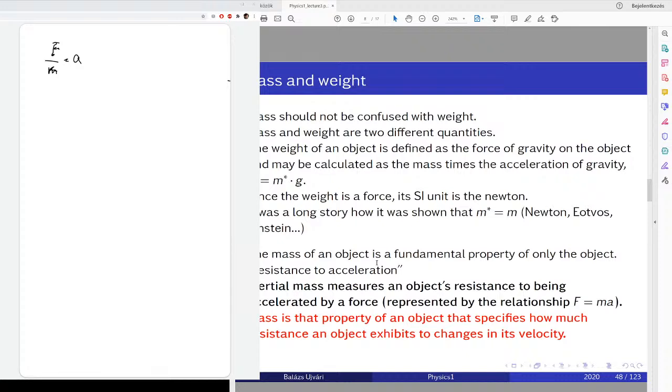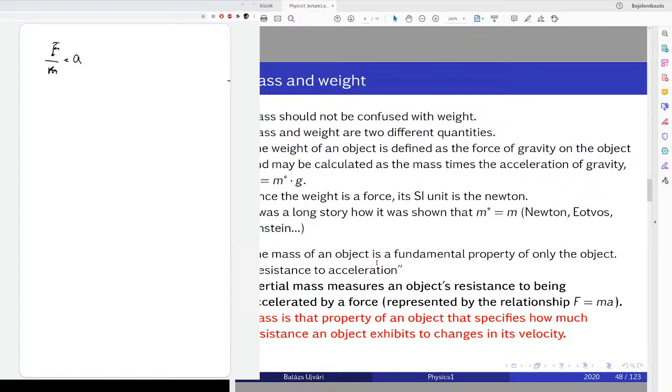If you stand up, the force you push on the floor, let's say you are 70 kilograms, you multiply it with the small g, the acceleration of the gravitational field on the surface of the Earth.